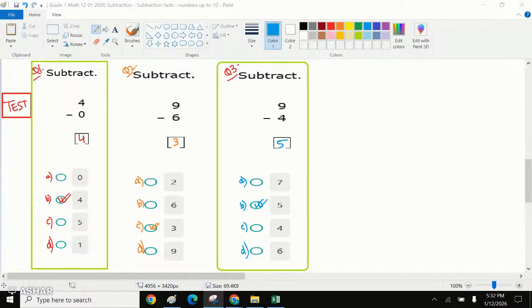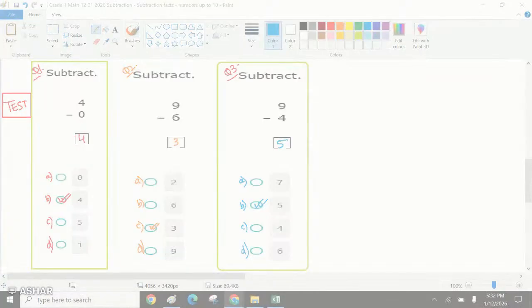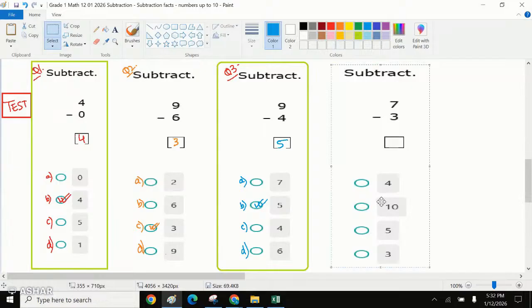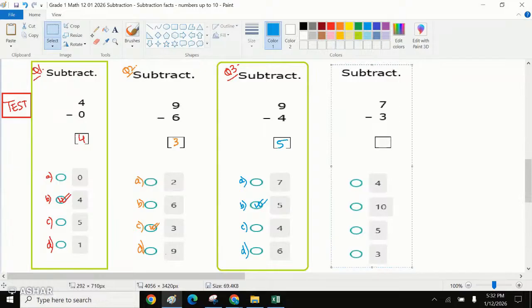The next question we have is subtract 7 minus 3. I'll just copy it on the screen. If we are asked to subtract 7 minus 3, it should be equal to option A, option B, option C, and option D. Yes, that's already correct, Grinsley.